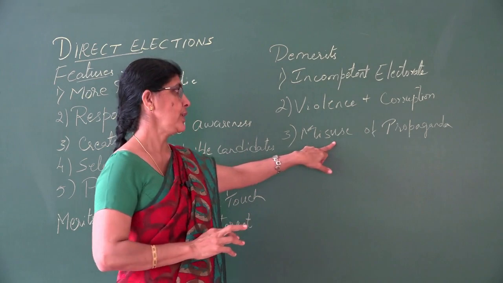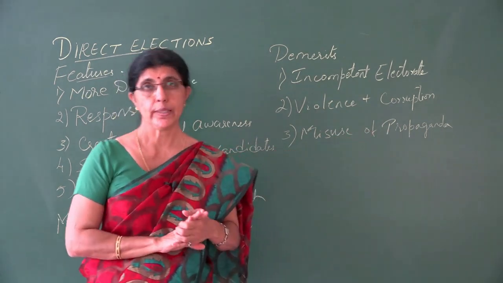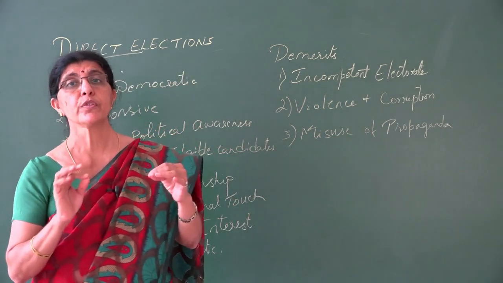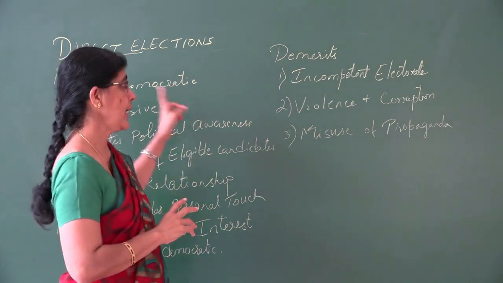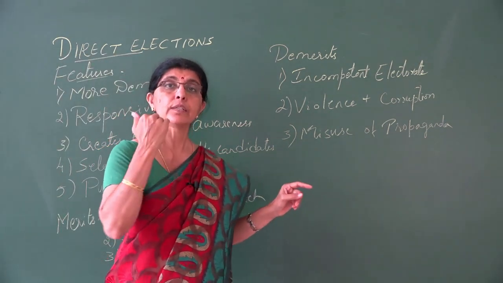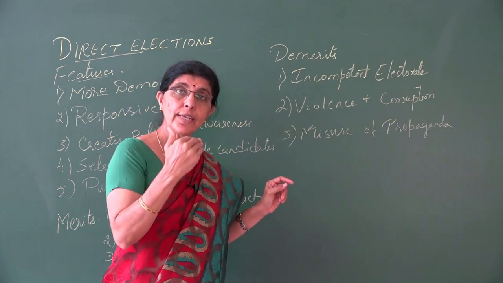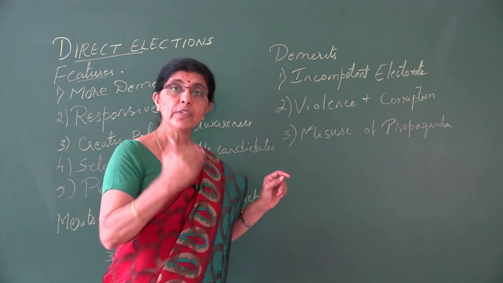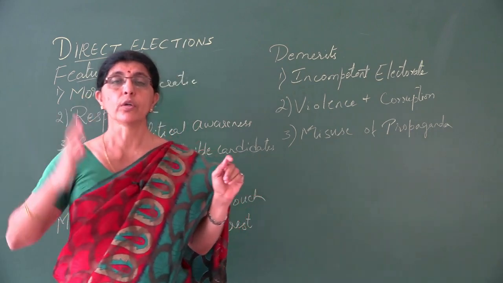The last one is the misuse of propaganda. Propaganda is misused, especially in direct elections. Why? Everybody gives wrong propaganda. They give advertisements or convince people to vote for the wrong candidate.